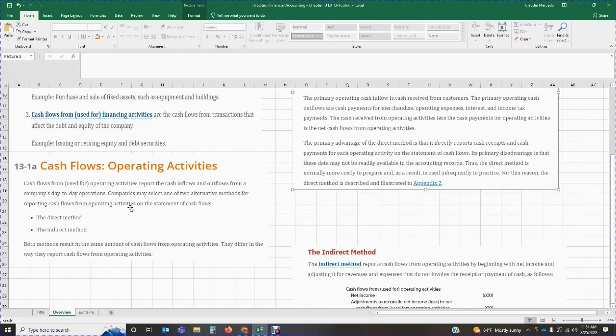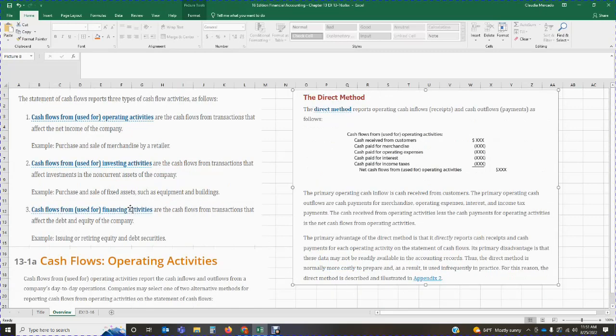Okay, there are two alternative methods for reporting cash flows from operating activities. We have the direct method and the indirect method. Okay, both methods result in the same amount of cash flows from operating activities. It's just that they differ in the calculations or the way that they report the cash flows from operating activities.